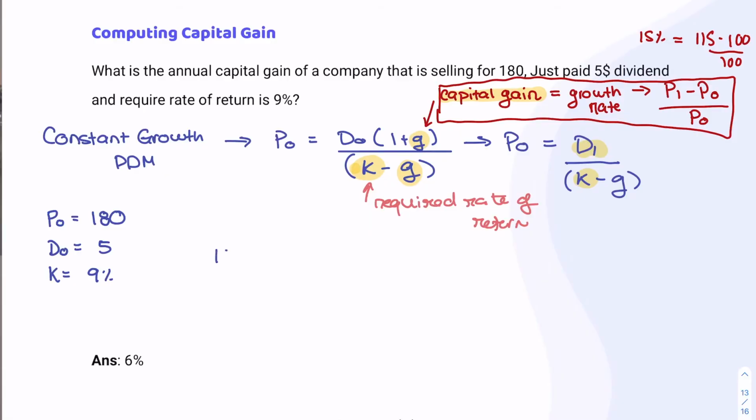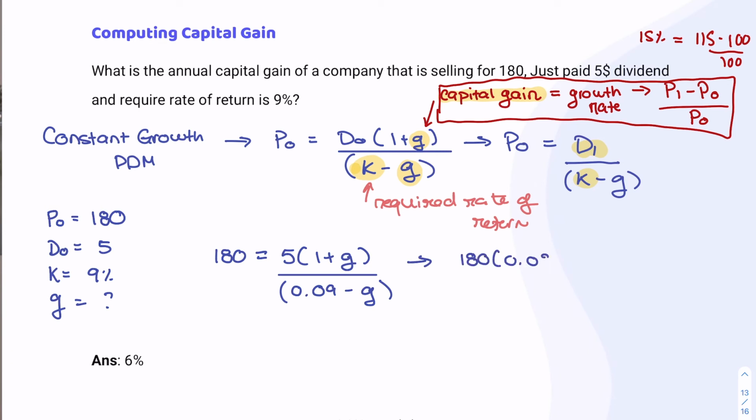So in this sense, let's put these things within our formula. That would mean that 180 is equal to 5 times (1 plus our growth rate), which is missing, we don't know our growth rate, over K, which is essentially 9%, minus G. So now it becomes a really simple game. 180 times (0.09 minus G) is equal to 5 times (1 plus G).